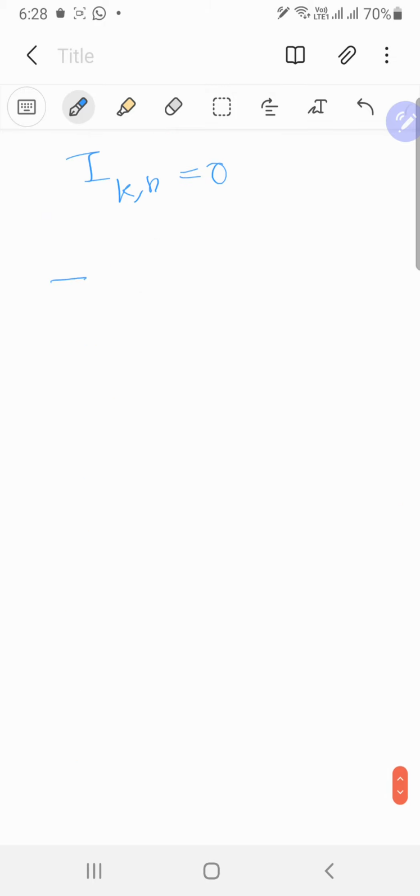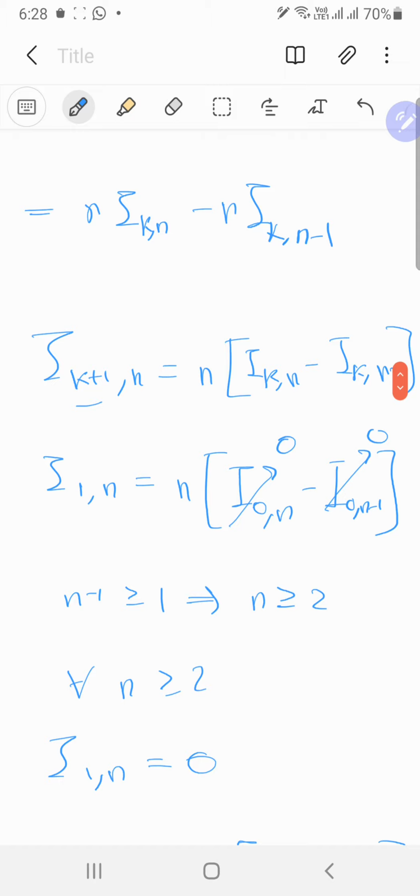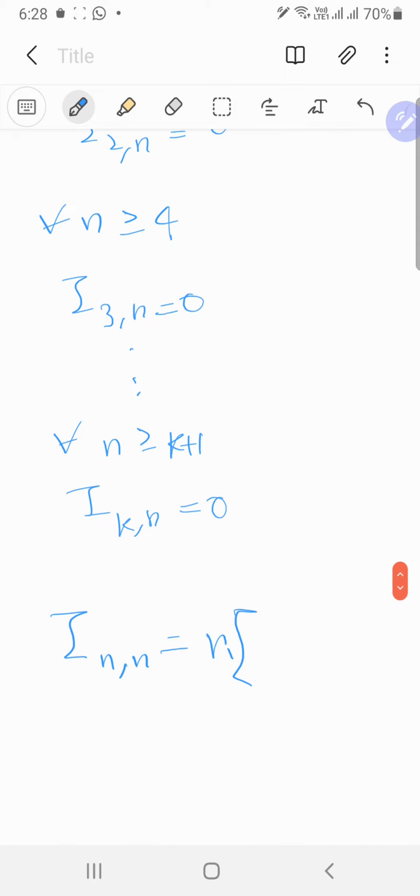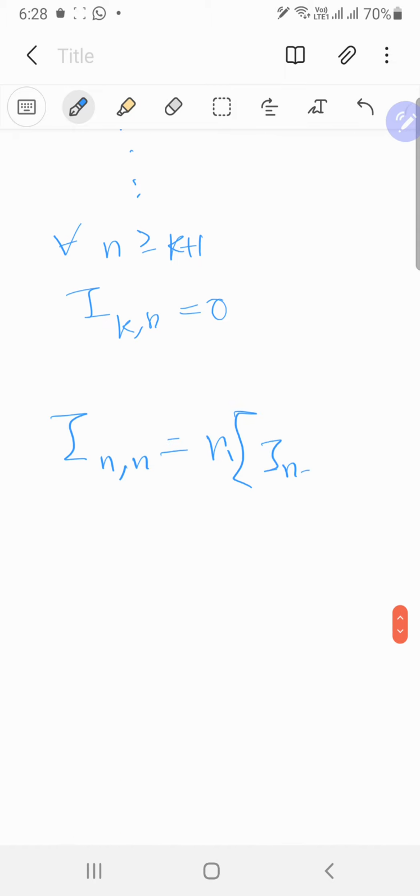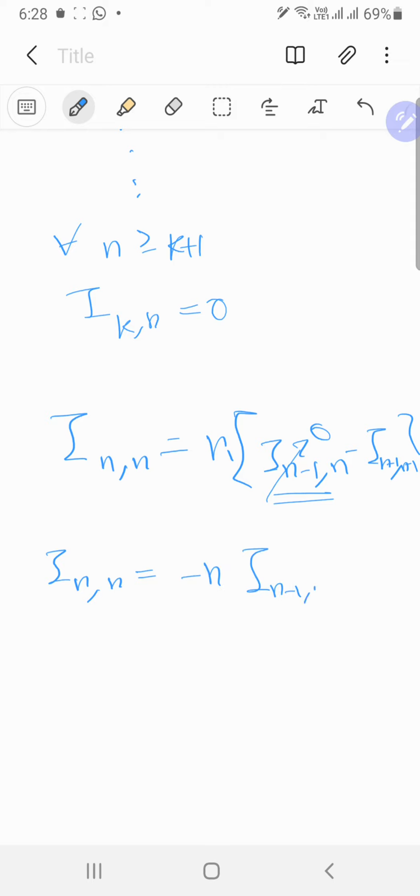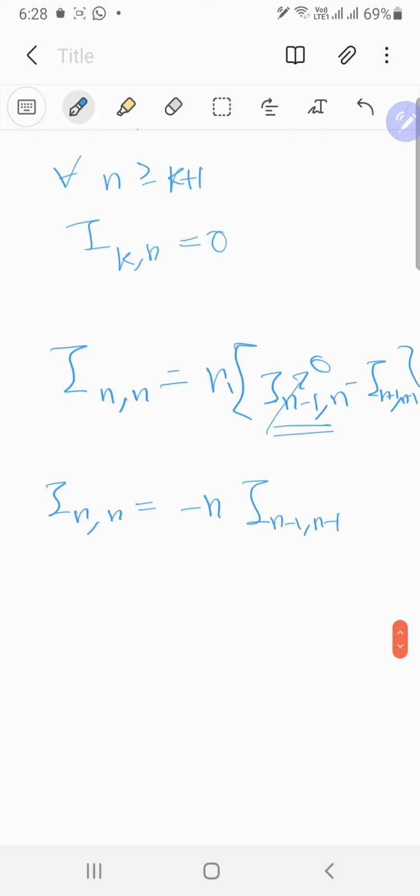So we should get I(n, n) is equal to n times I(n minus 1, n) minus I(n minus 1, n minus 1). Oh, look, we know what this first thing is. It's just 0. So I(n, n) is equal to negative n times I(n minus 1, n minus 1). Oh, so from this we can actually set off another recursion.